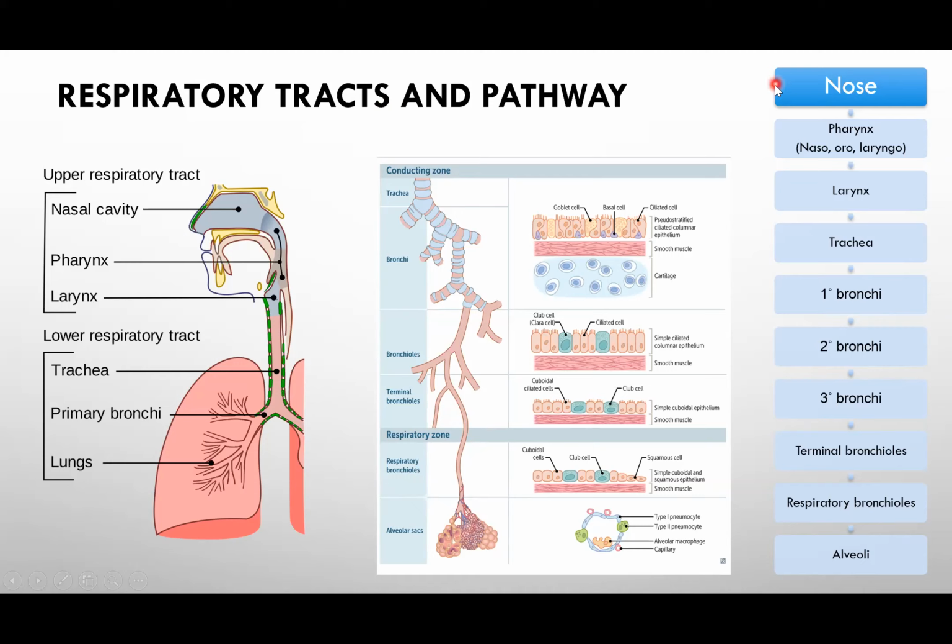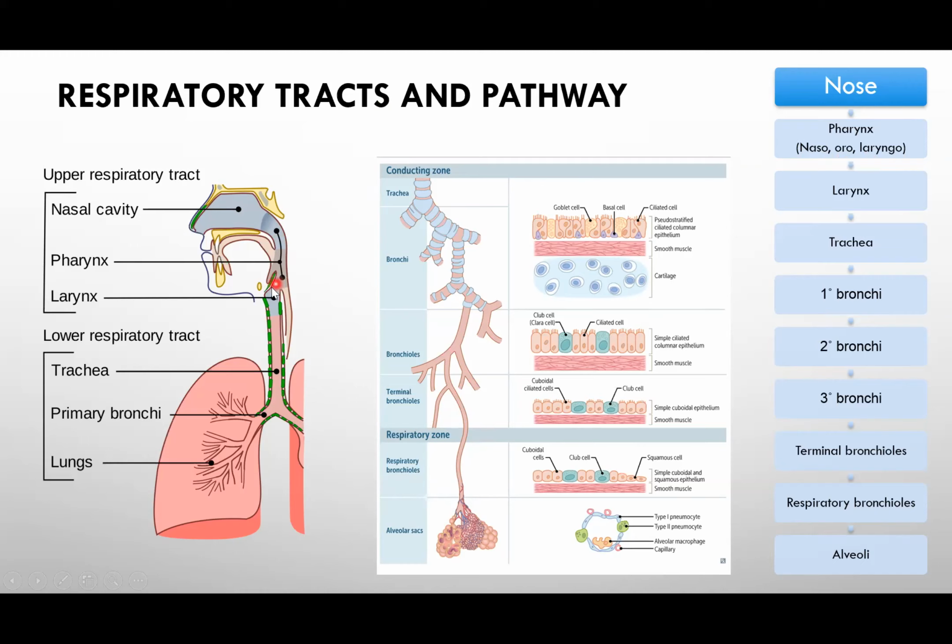In terms of the way that air comes in, we've already mentioned this, but I'll mention it once more. We start with the nose, and then you have the nasopharynx, oropharynx, laryngopharynx. So nose, naso, oro, laryngopharynx.